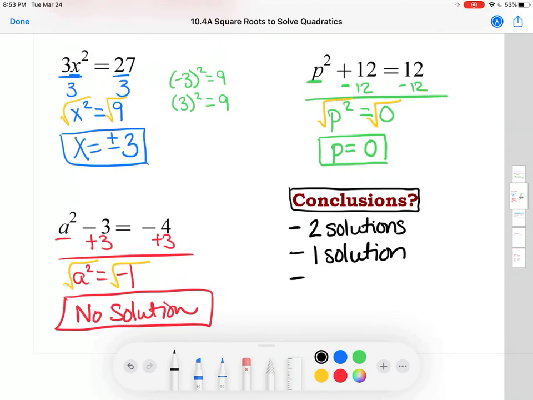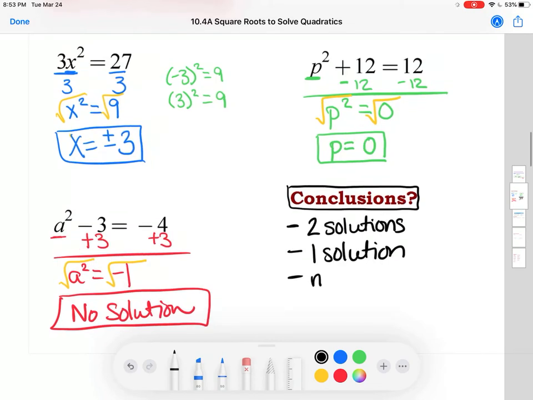And with our last one down here in red, we ended up with no solution or zero solutions. And that's actually kind of special with quadratic equations. We can have all these different types of options. 2, 1, or 0 solutions, all from one equation. Super cool.